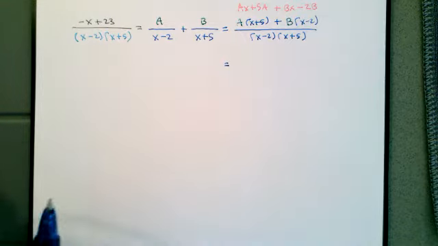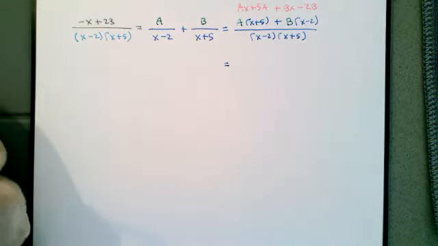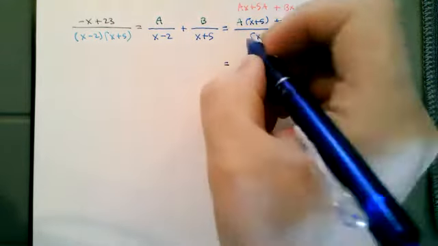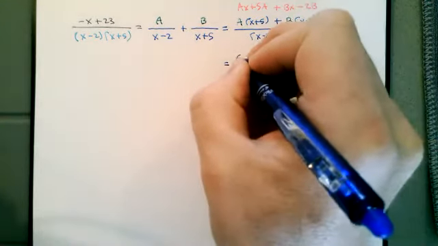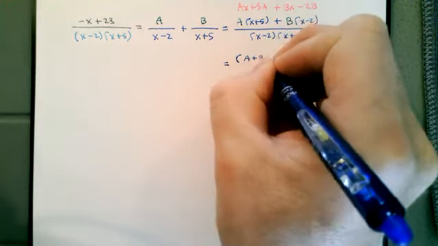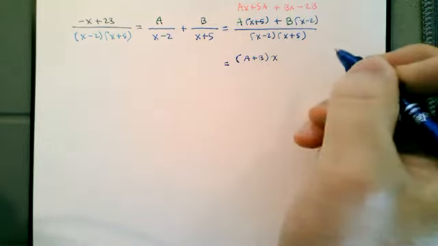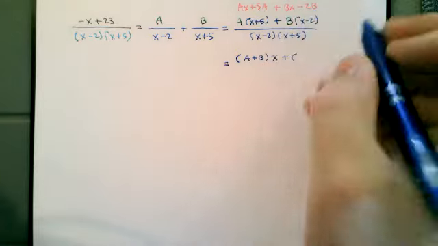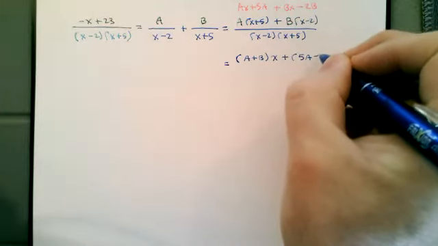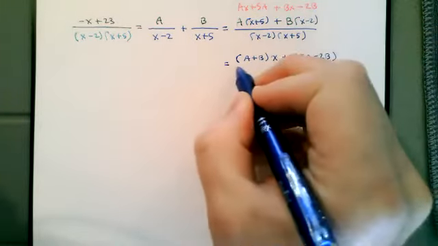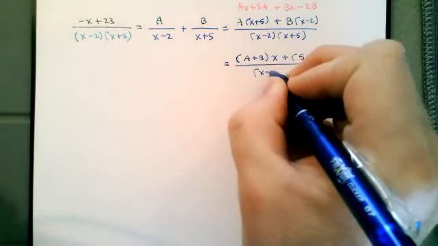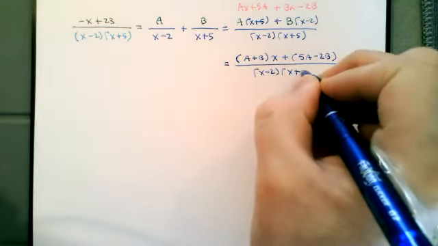So we have an A plus B times x. We have A plus B times x. And then we have a constant of 5A minus 2B. And this is all over the x minus 2 times x plus 5.